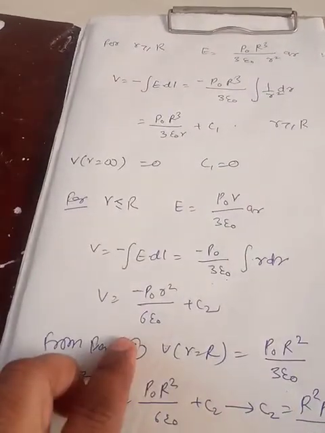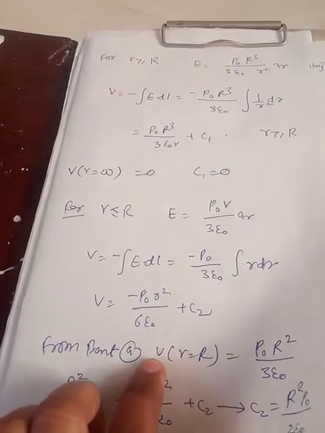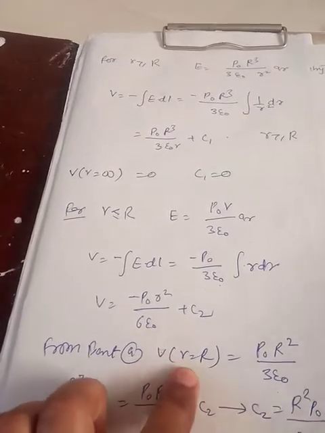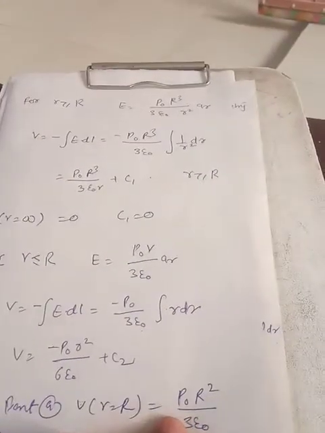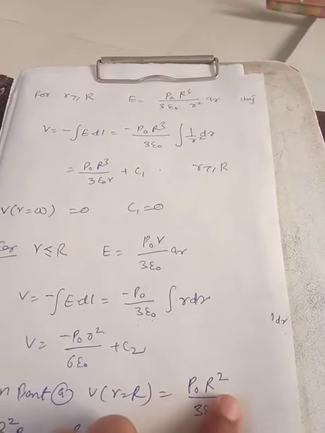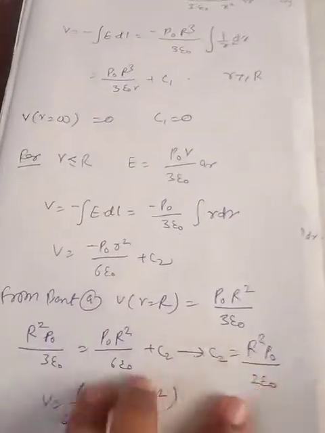Further, from part 1, we can write V at r equal to capital R as rho_0 R square upon 3 epsilon 0.